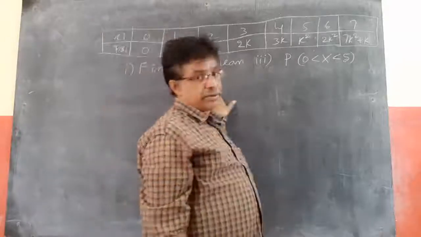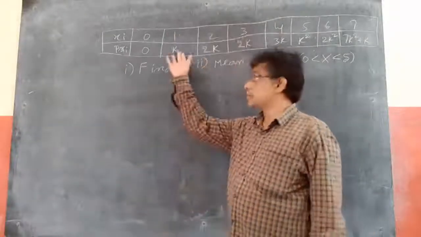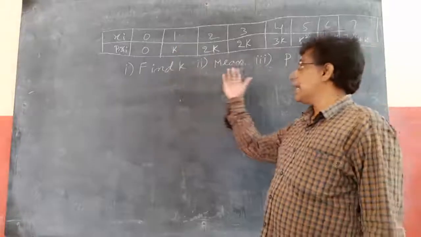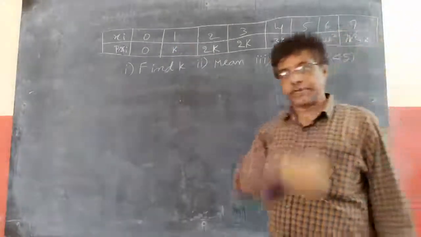This is the question given. A random variable x has a probability distribution table like this. Find k, mean and p of x lie between 0 and 5.